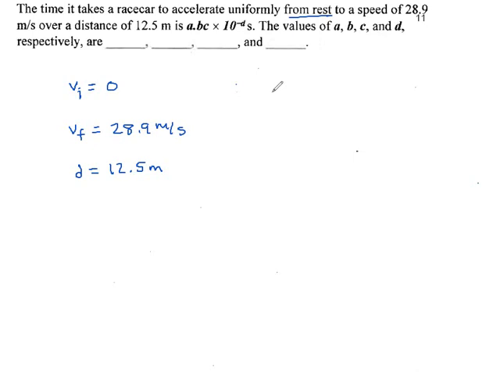If we could find an acceleration, we could use Vf equals Vi plus At, and that would do it. Our initial is 0, our final is 28.9. If we knew A, we could get a time.